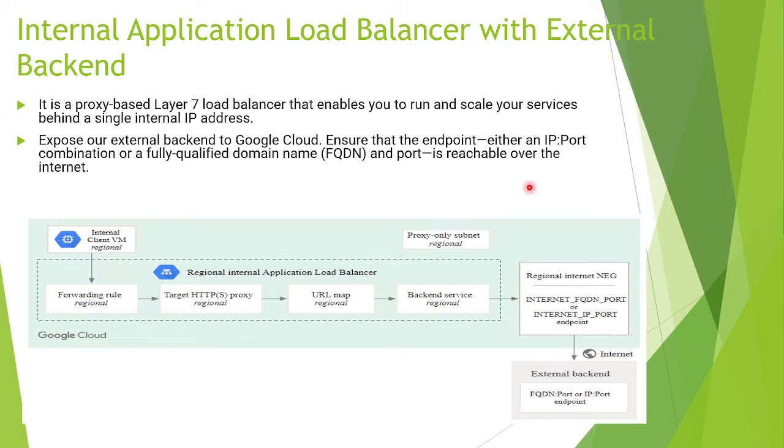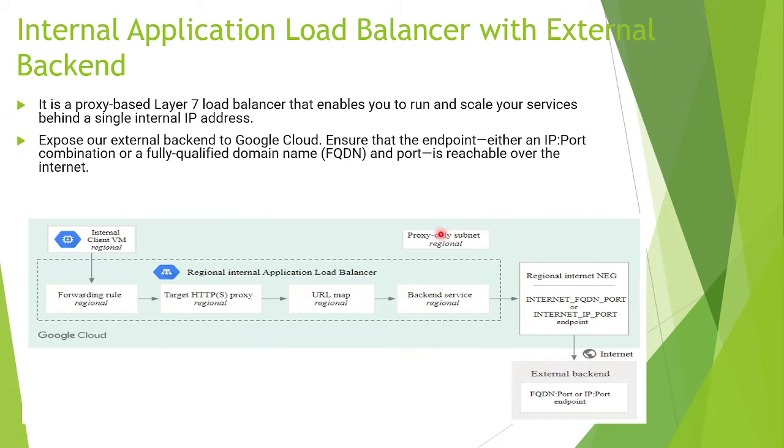Users must reach the backend via a private IP, which is your load balancer IP. They don't hit the backend directly with its public IP, but via the private IP.